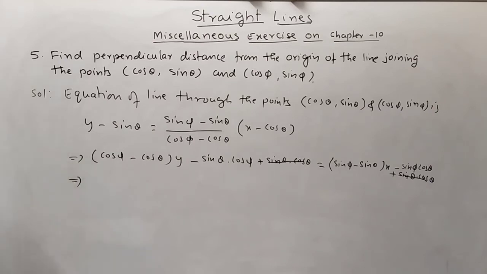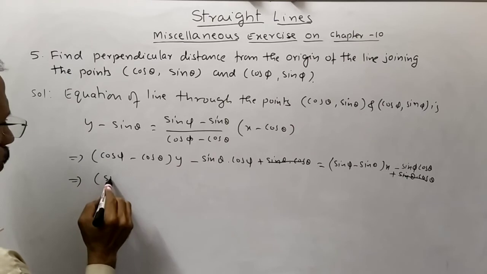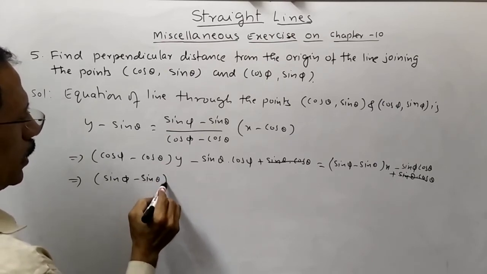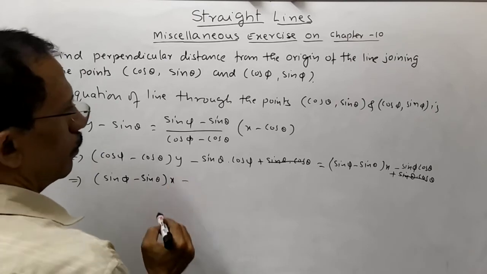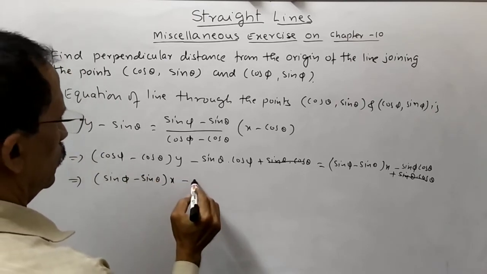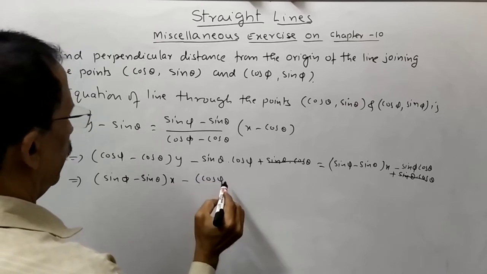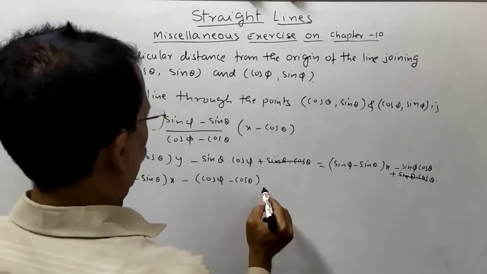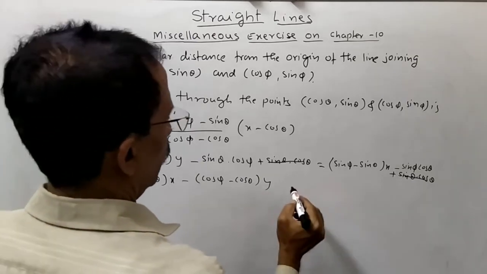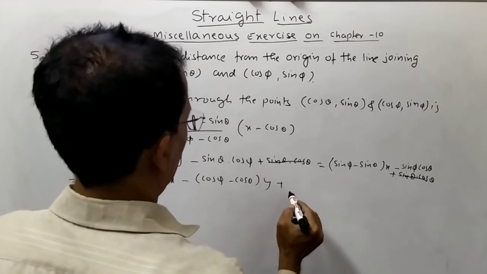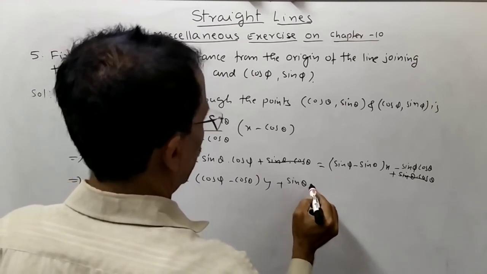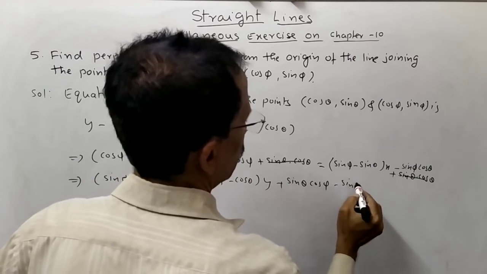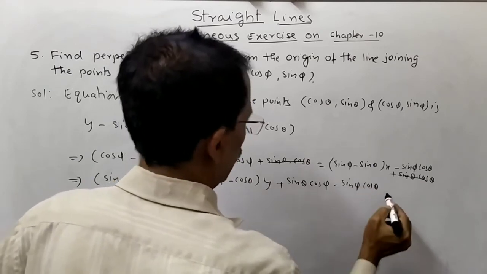This implies (sin phi minus sin theta) into x minus (cos phi minus cos theta) into y plus sin theta cos phi minus sin phi cos theta is equal to 0.